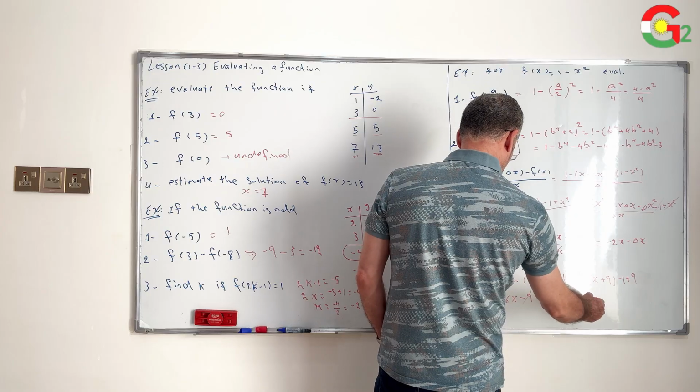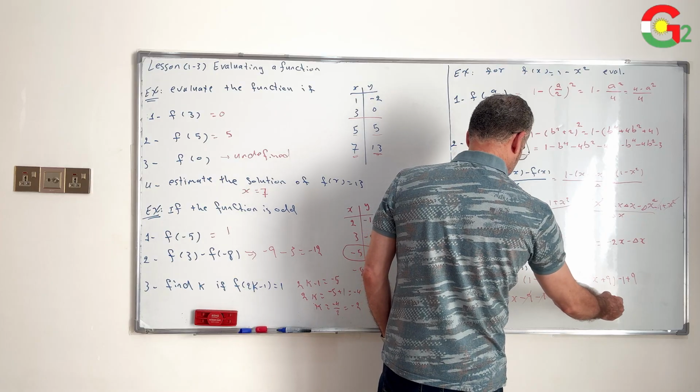Then the answer will be minus x power 2 minus 6x.